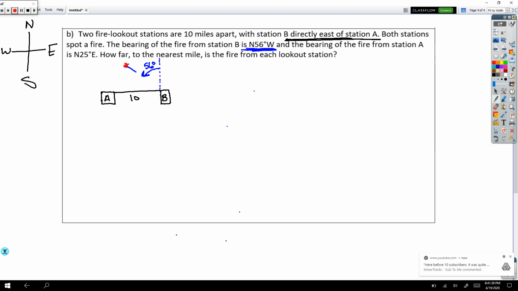So I would have this, okay? And the bearing from fire station A is north and then 25 degrees east or to the right. So if I look north, I want to look 25 degrees to the east or to the right. So that would give me this triangle, okay?